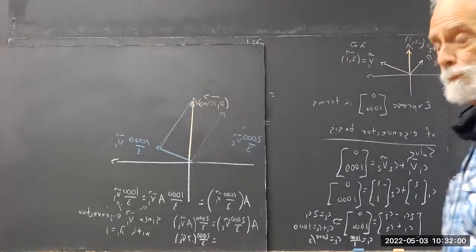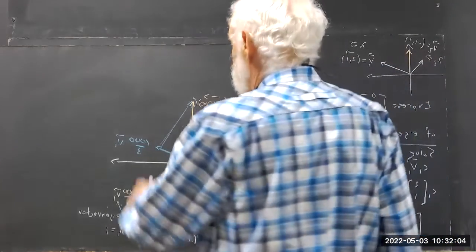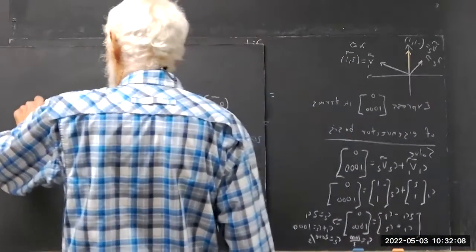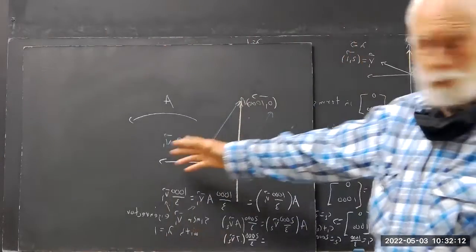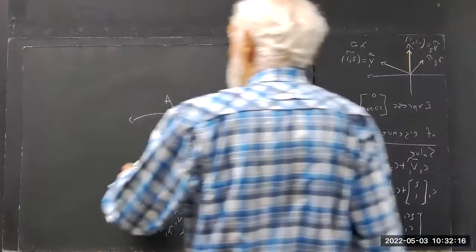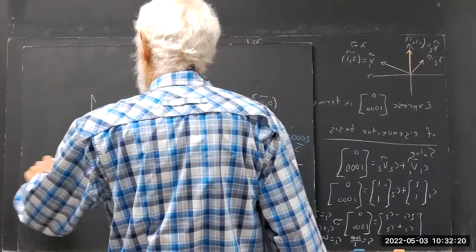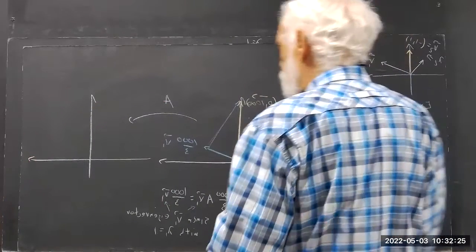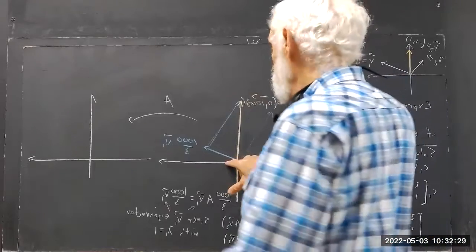Meaning in the next transition, apply the A matrix. My vector here is going to be the same.